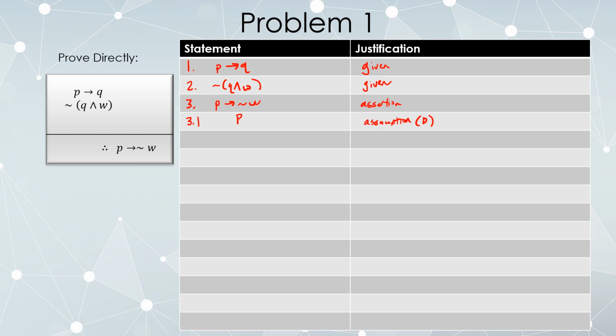So having introduced a new statement into the mix, we have assumed that P is true. We ask, how does that combine with what we have so far? The only line we can't use is line 3 because we have not justified this assertion yet. So P doesn't really combine with the negation of Q and W in any reasonable way.